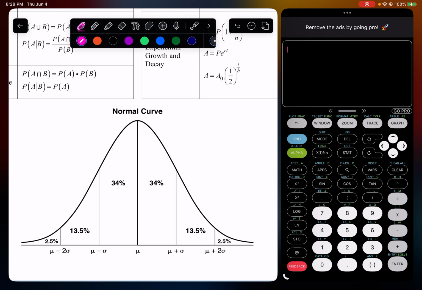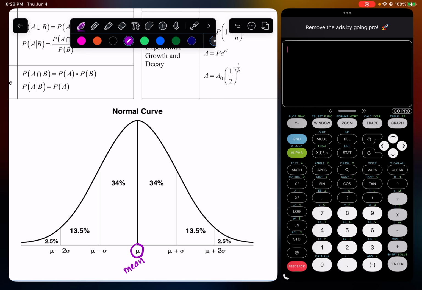A normal distribution is just saying that we have a set of data where the mean, or the average, is at the center of the data. So most of the data is clustered around the average. This is how life typically works. The average is where most of the responses are.